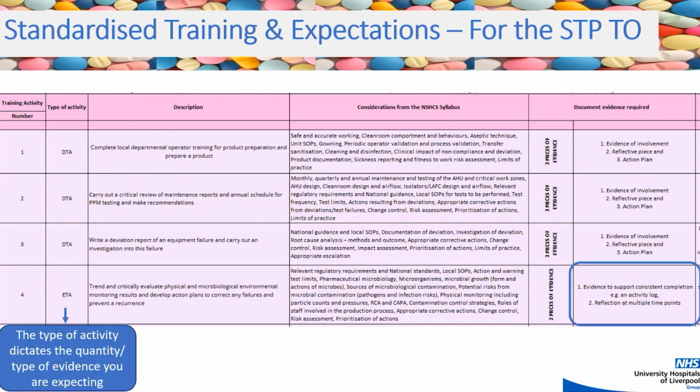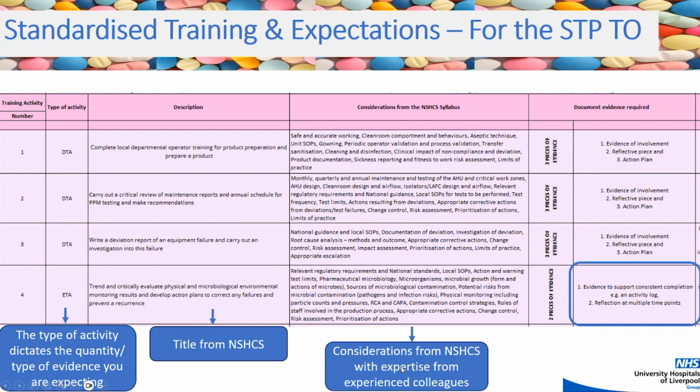Perfect. So then what you have is the training activity number, the type of activity, where you can dictate the quantity of evidence. So what I've done is I've just highlighted on the left-hand side there where it says the type of activity, and then where it says the quantity of evidence, I've just highlighted it on the right-hand side in the box there. If you would just like to click again. So you have the title of your training activity.